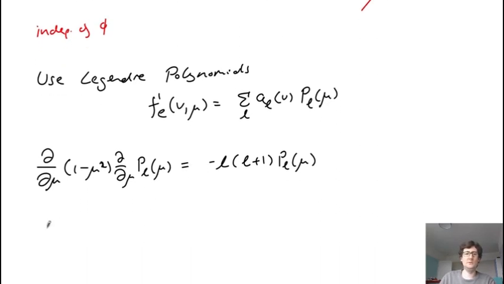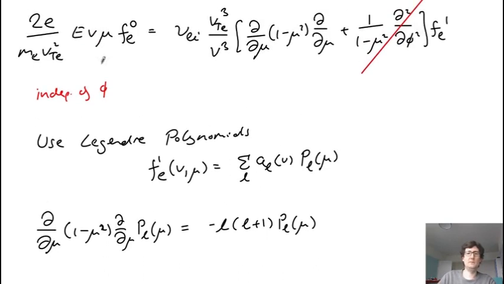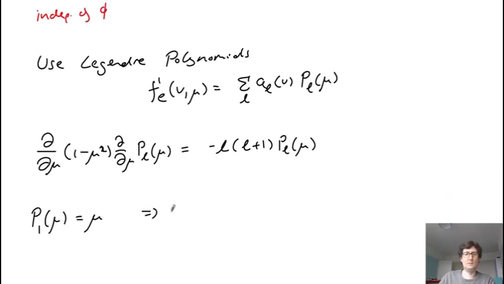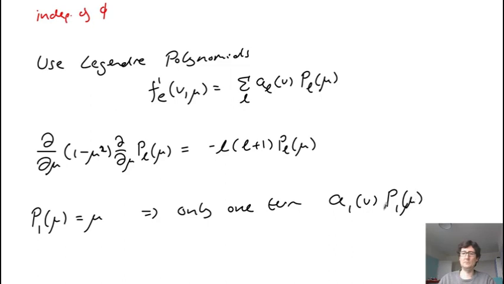And so there's only one term in the polynomial, because you have P1, so L is 1, and P1 of mu is equal to mu. So this cosine balances this mu here, and therefore you only have one term: a1, which is a function of v, some coefficient, times P1, which is a function of mu, which is just the same as mu. This is equal to f_e1.